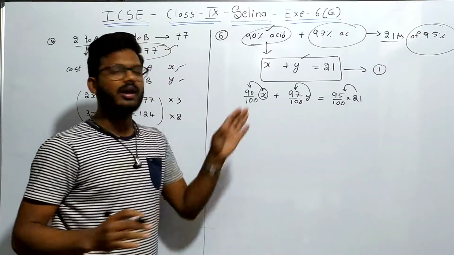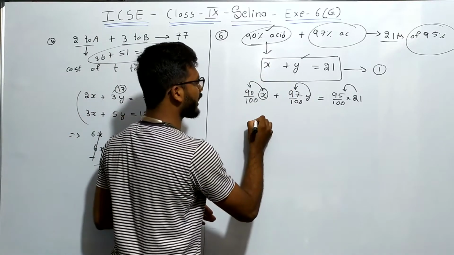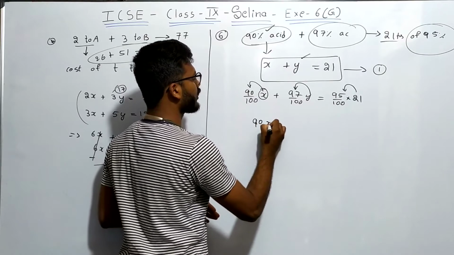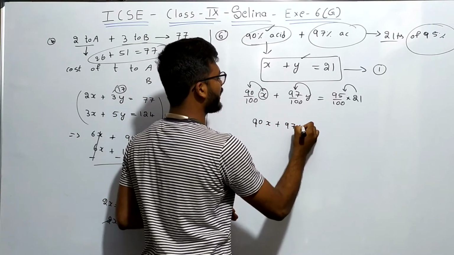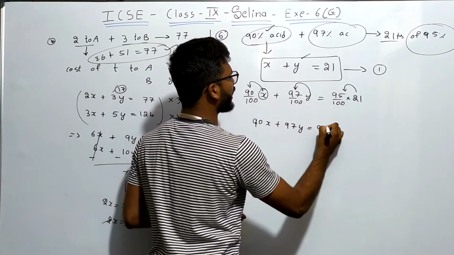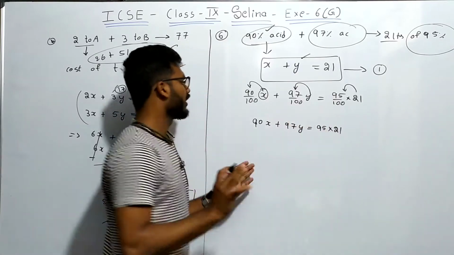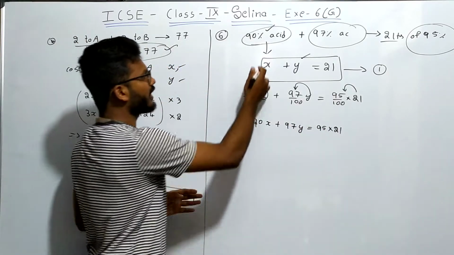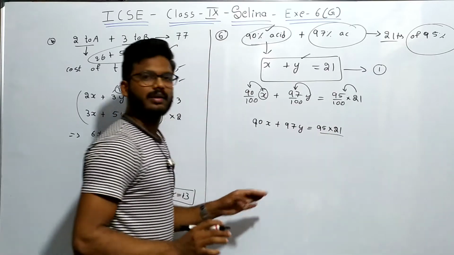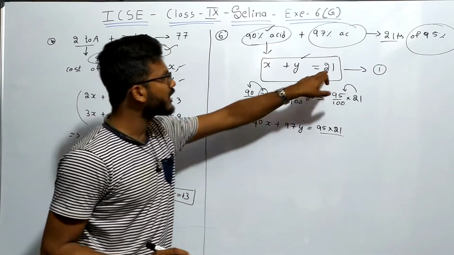So these two are the equations. From this, can I tell 90x plus 97y is equal to 95 into 21? I can tell, right? In the same way, here I am keeping it as it is. Why? Because here also we have 21.